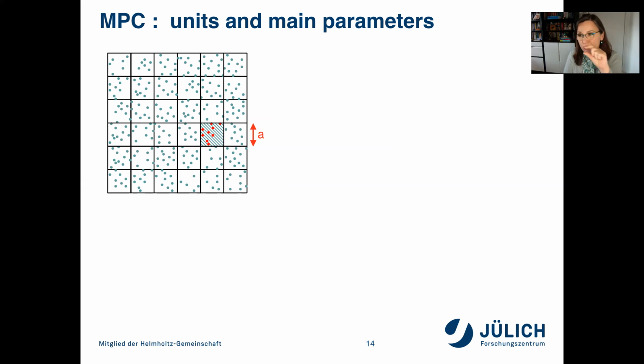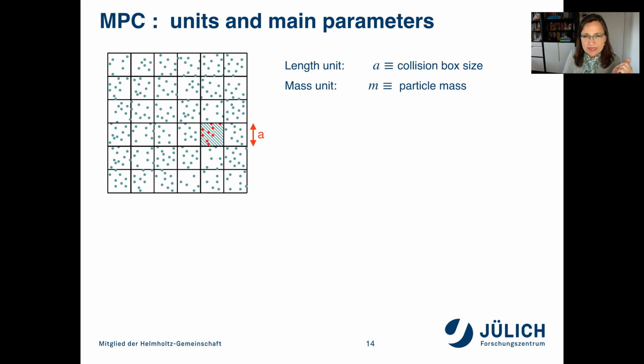You can have a collision box A that can be twice as large or half of this, but we choose it typically as 1. We say that this is the simulation unit of length. The mass that each of the particles has is the unit of mass, and then we need a third quantity that will give the scale of time or of energy, and it's typically chosen to be the temperature of the system.